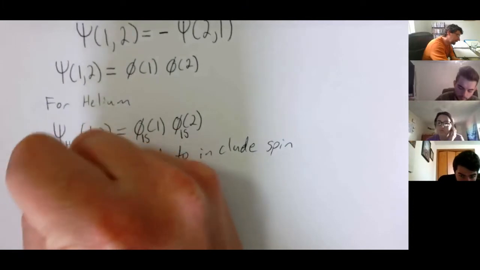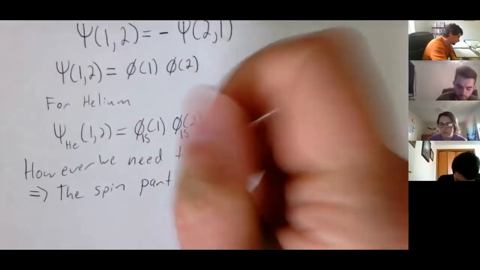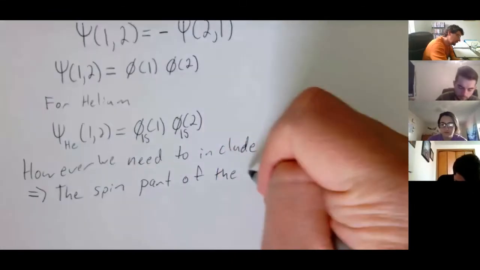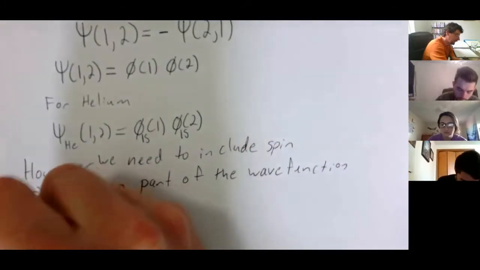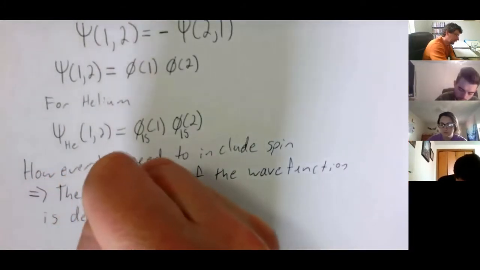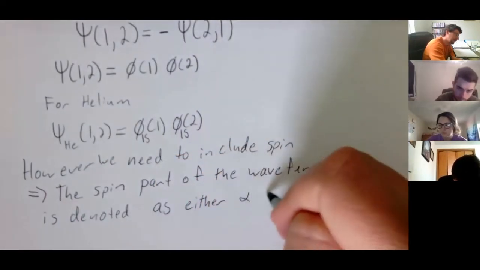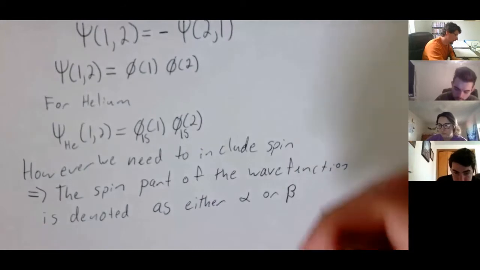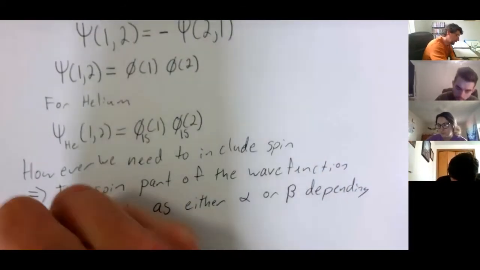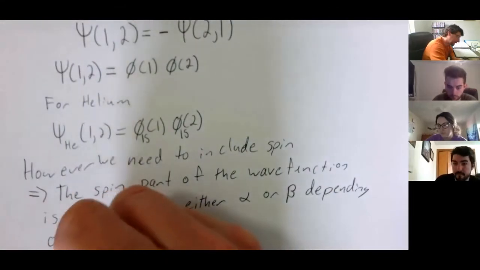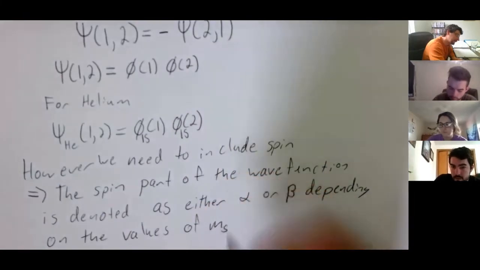The spin part of the wave function will be denoted as either alpha or beta spin, depending on the values of m sub s.